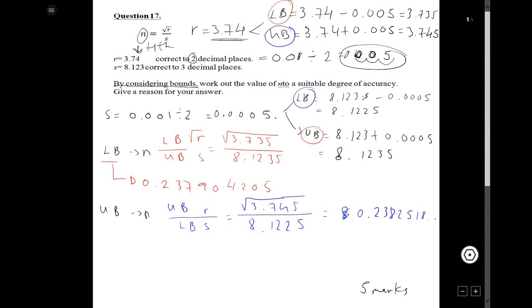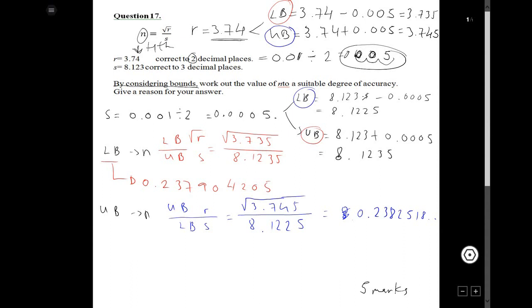Okay, so let me tell you a bit about marks. At this point, we've got another 3 extra marks. One of the marks is for using any bounds in calculation. So even if I had done them randomly and just chosen anything and went with that, I would still have got that mark. The second one is for using the bounds correctly, so for using the lower bound over the upper bound for the lower bound, and using the upper bound over the lower bound for the upper bound of n.